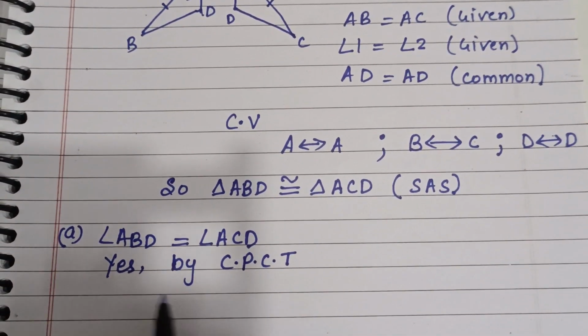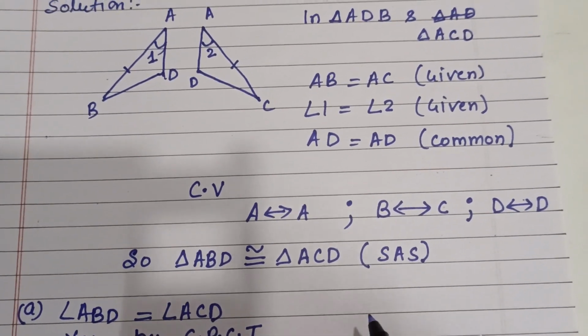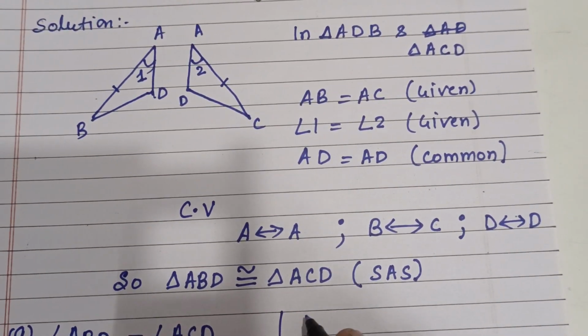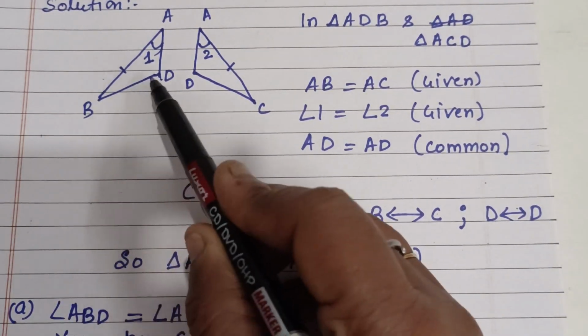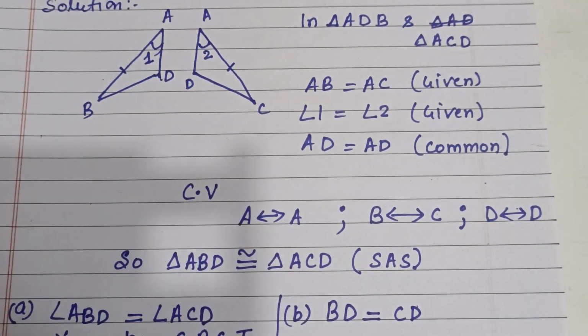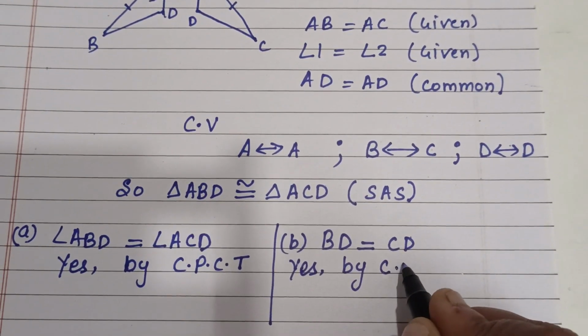Okay. Now they are asking for the B part: BD equals CD. This is your BD and this is your CD. Again they are corresponding parts of congruent triangles. So again we will say yes by CPCT.